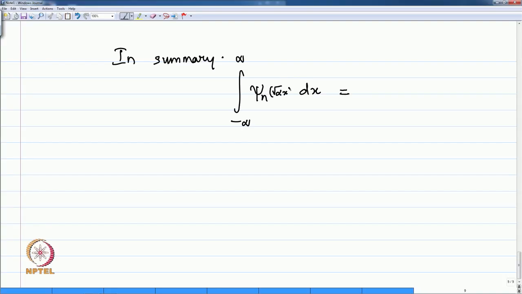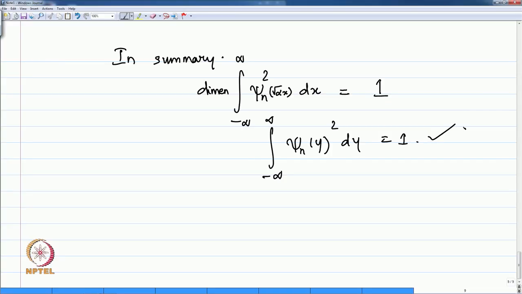Root alpha x, and then there has to be some dimension factor here to ensure that you are integrating. This is equal to psi n squared is equal to 1. Best would be to write this as the integral of psi n of y squared dy between minus infinity to plus infinity is 1. Okay. This is the normalization, which means essentially it is the area under the square of the wave function graph.